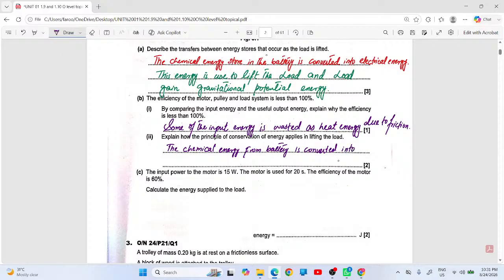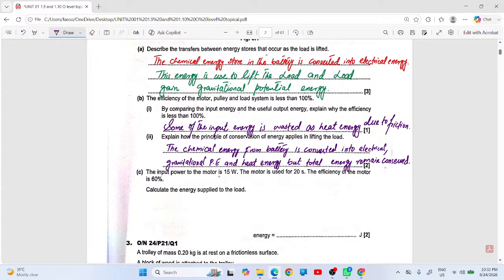Chemical energy from battery is converted into electrical, gravitational potential energy, and heat energy. But the total energy remains conserved.